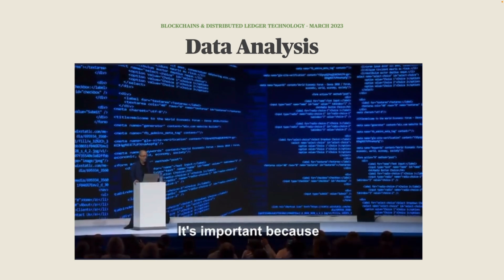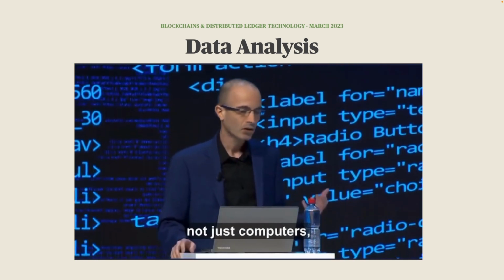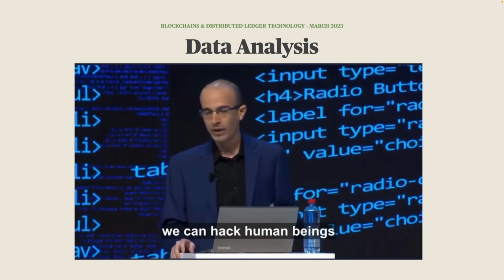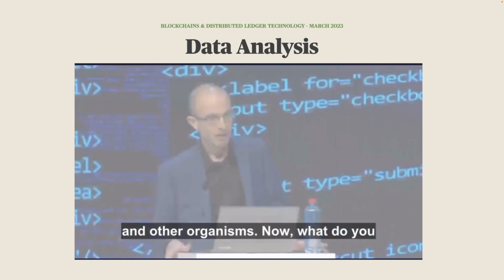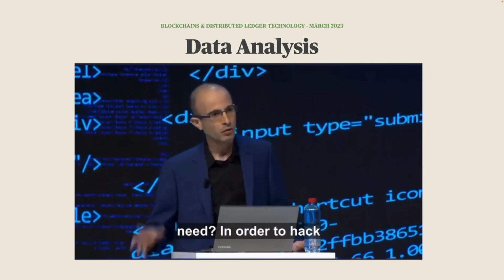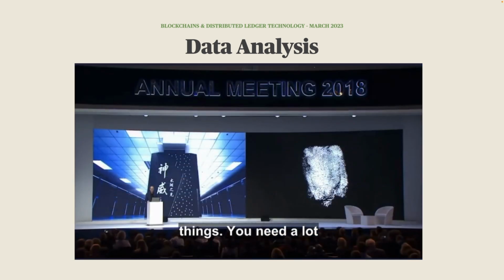It's important because we've reached the point when we can hack not just computers, we can hack human beings and other organisms. Now, what do you need in order to hack a human being? You need two things. You need a lot of computing power, and you need a lot of data, especially biometric data.